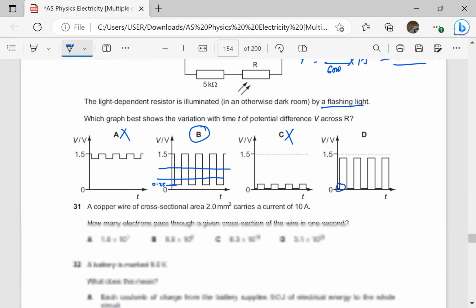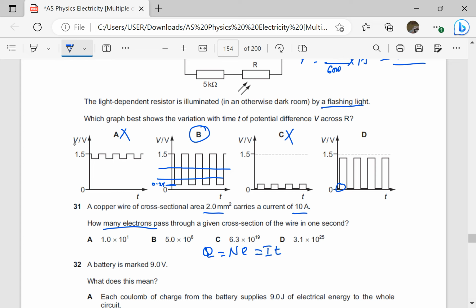A copper wire of cross-sectional area 2 millimeters squared carries a current of 10 amperes. How many electrons pass through a given cross-section of the wire in 1 second? Okay, we want the number of electrons. So we know that charge is equal to the number of electrons times the charge of each electron, but this is also current times time.